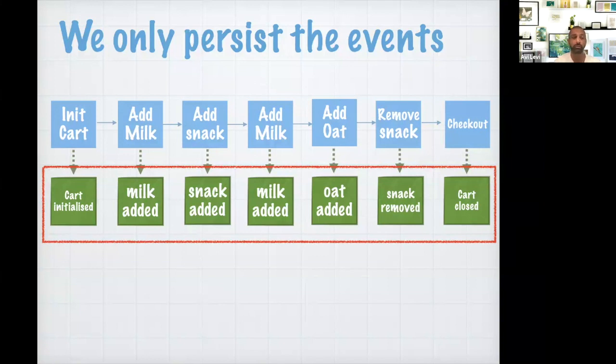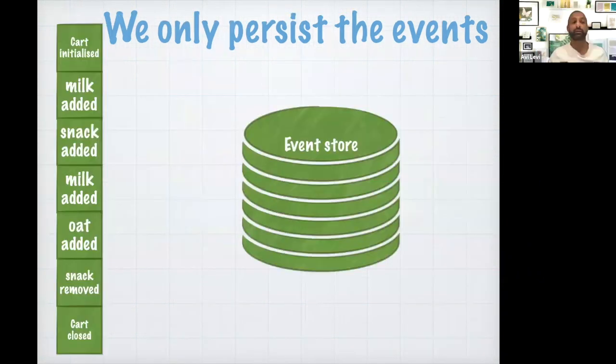Now, if I want to get to the final state, if something collapsed, we can just do a fold left on all the events, and this will bring me to the state that I'm in. Again, if we compare it to the bank account, if I take all the events that happened in my bank, all the deposits and the withdrawals, I can calculate the balance. So the idea is that, like I said, we persist only the events. We put them in the event store.